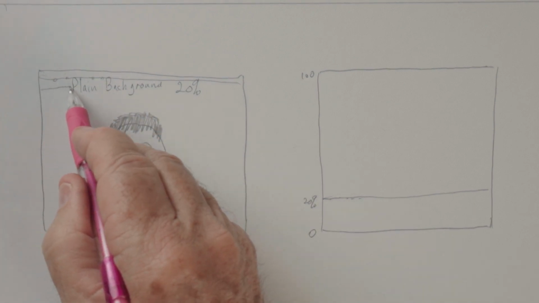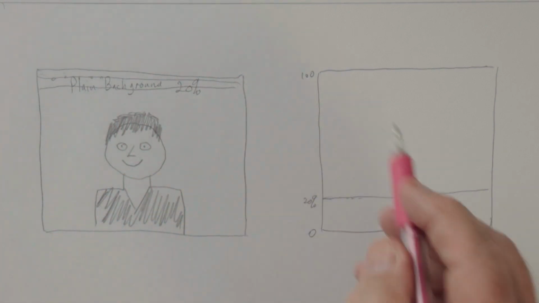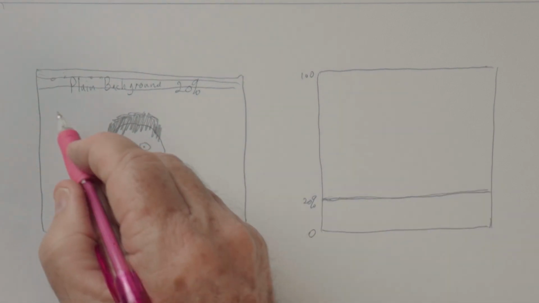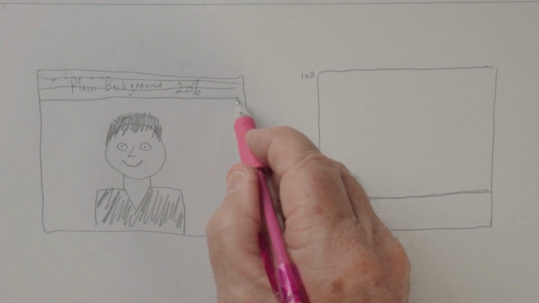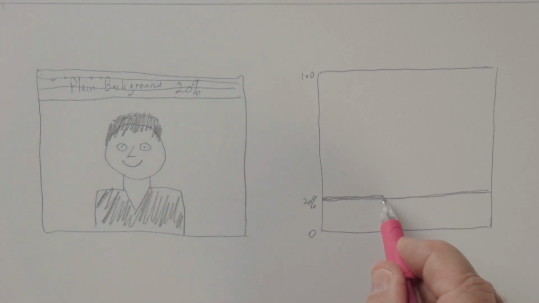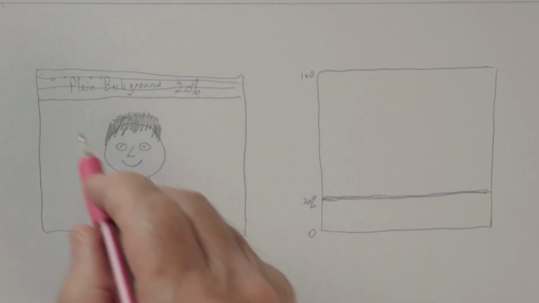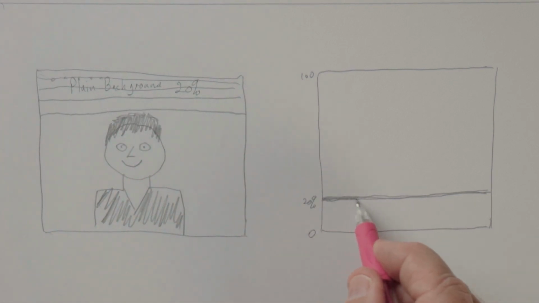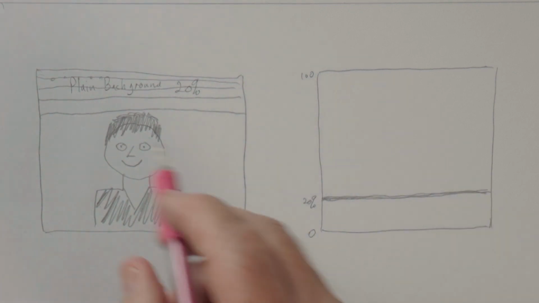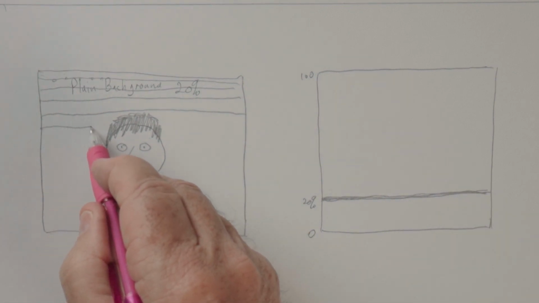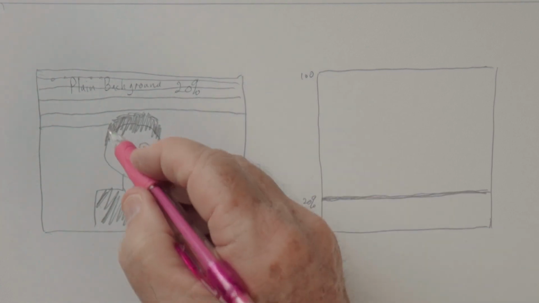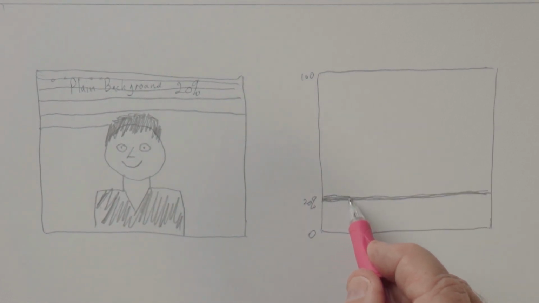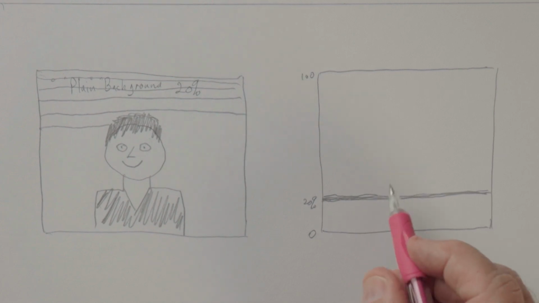Then as we come down to the next line, we've still got the same approximate brightness. And the next line, same brightness. And the next one, same brightness again. Now when we come here, it's going to be the same brightness out to that point. So it'll come across to somewhere like here.